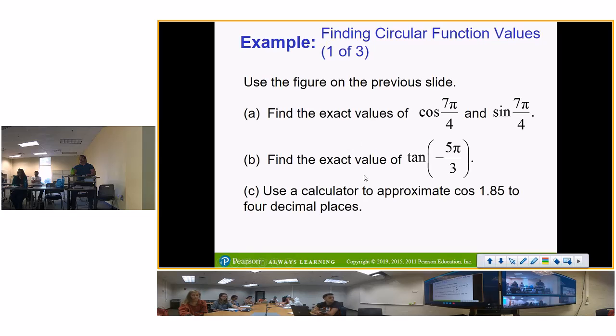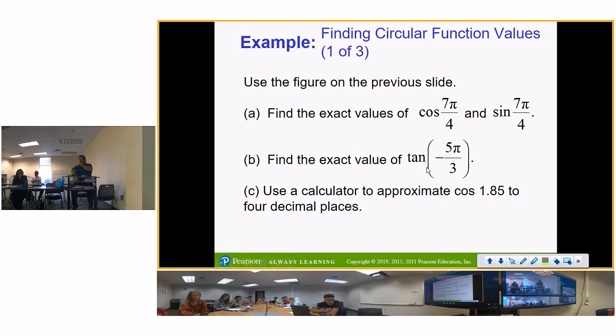Find the exact value of 5 pi, that'll be 180 over pi. So that's going to be 3, we're going to 60, that's 300 degrees. Where is 300 degrees? 270 plus 30, which is your 60 degree angle. It's in the third quadrant. Okay? What is the tangent in the third quadrant? Negative or positive? Positive. No, all students take calculus.